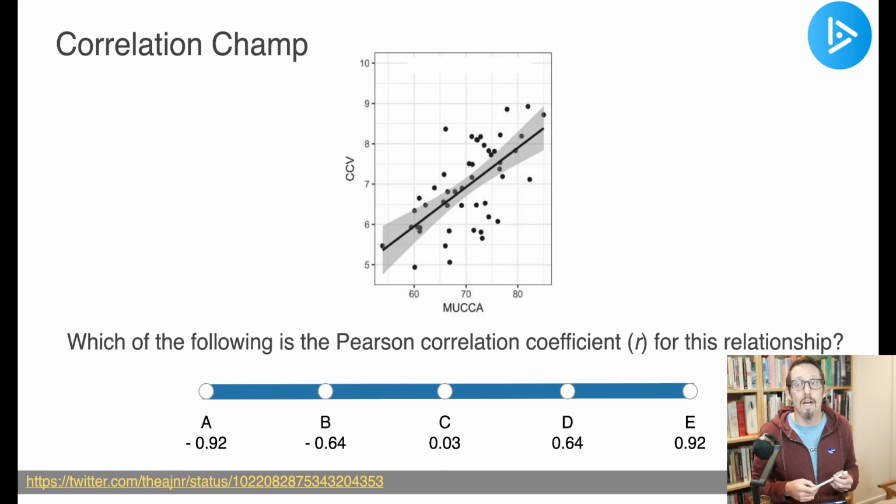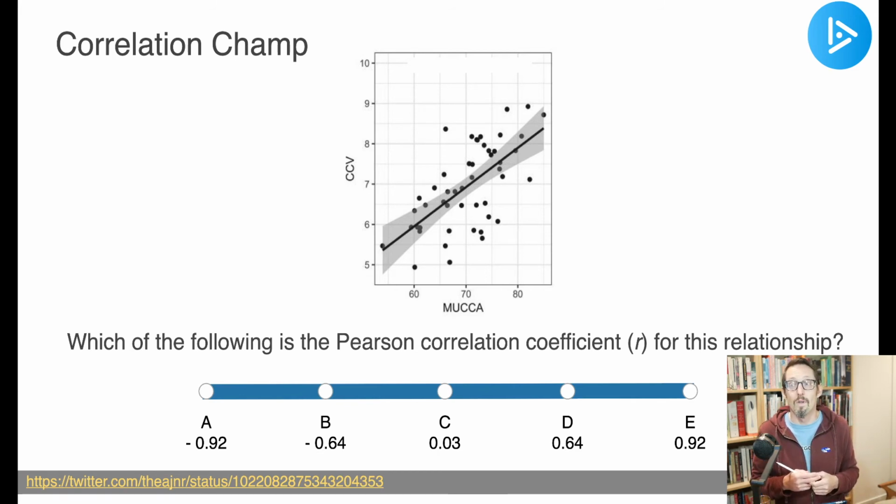So note that you have negative and positive values. So maybe that tells you, maybe the line tells you something about which ones of those it is. But you also have to guess whether the tightness of the data indicates a little bit of a narrow thing around the line or a little bit wider, right?